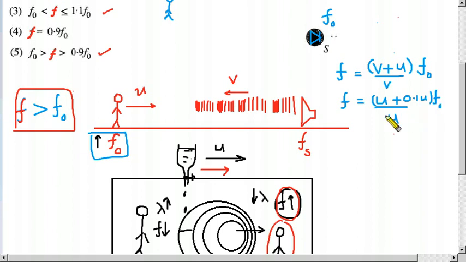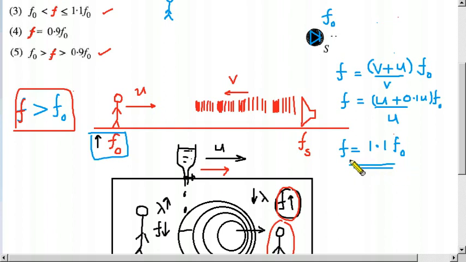If we simplify this, we can take u out of the bracket, so it cancels with this u below the line. So 1.1 we get in brackets times f naught. So 1.1 f naught is the answer.